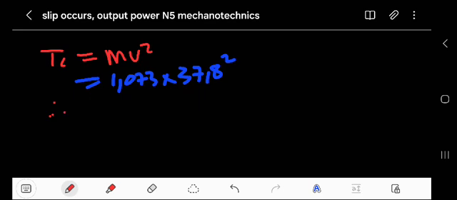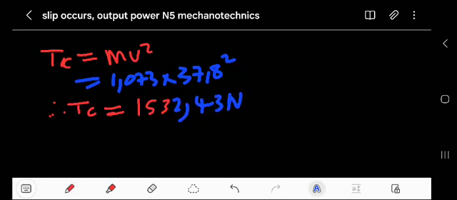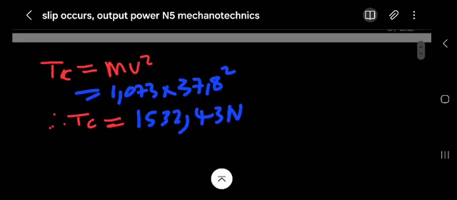Punch this in. What will TC be? It will be 1,532.43 Newton. So this is what we have.